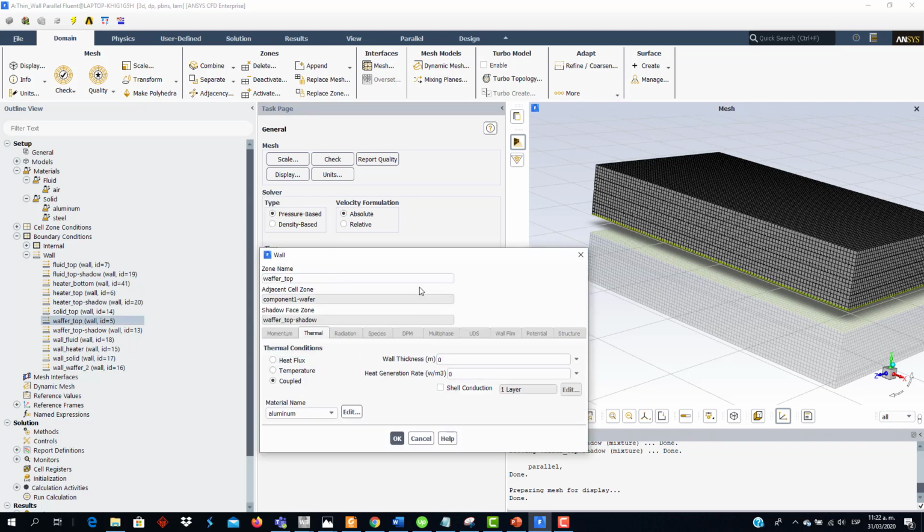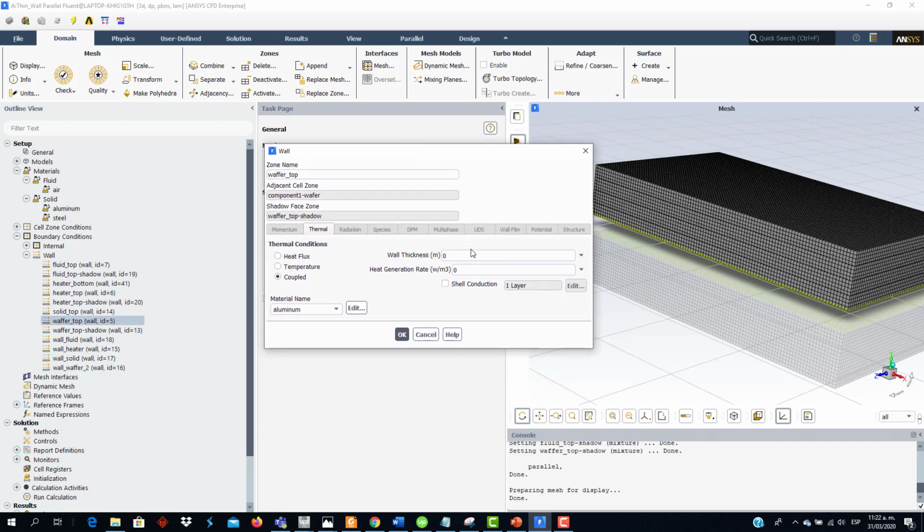Okay, as you can see, for example, the wafer top boundary condition is coupled, but here is a very important thing that is related to the thin wall model. You can see here that the wall thickness was prescribed as 0. Then for this case, this boundary condition doesn't have any thickness, so it doesn't have any thermal resistance for the heat transfer process.